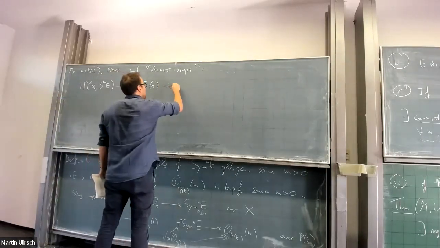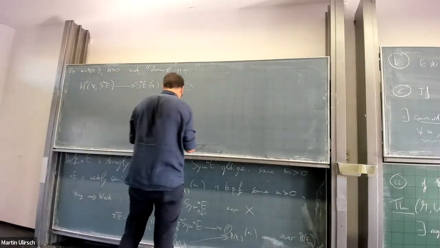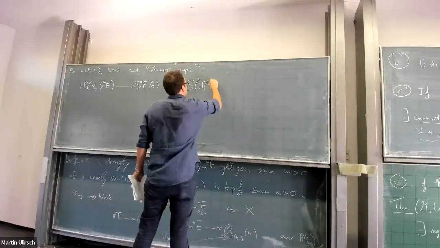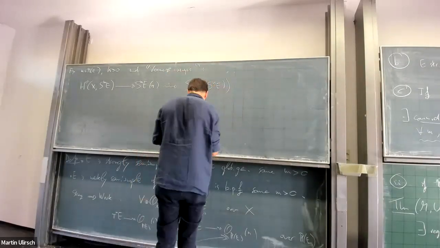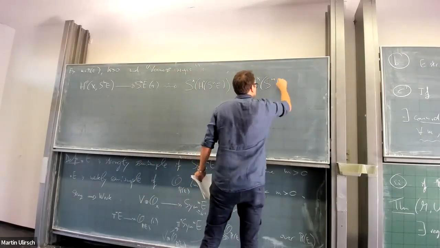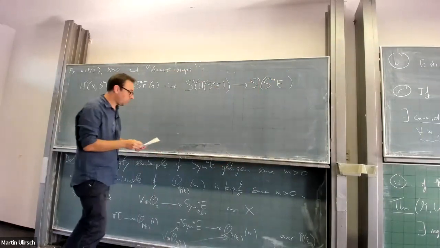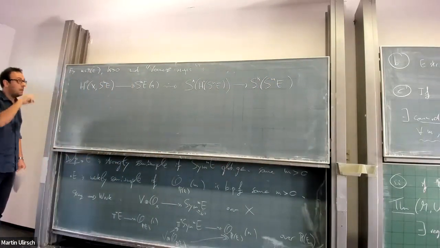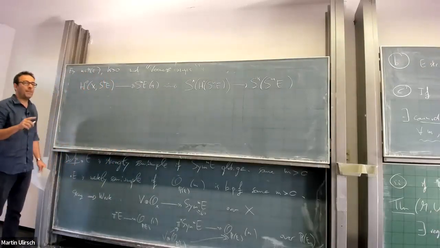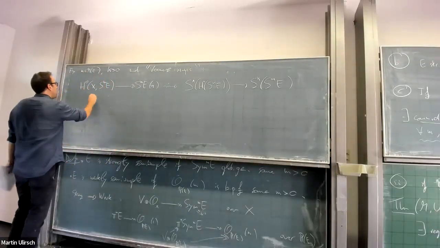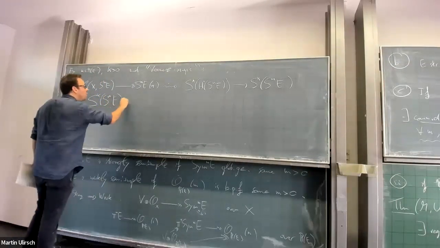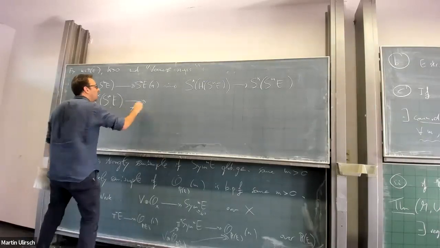And therefore, starting from this, I obtain a map from S^k of H^0(S^m E) to S^k of S^m of E. The problem is what Camilla called plethysm.